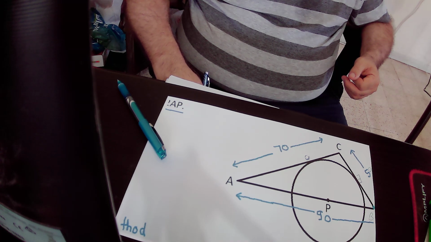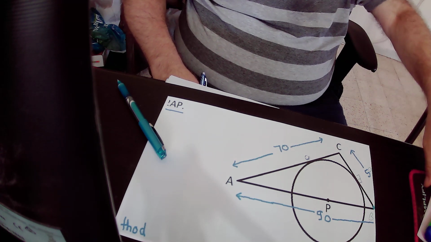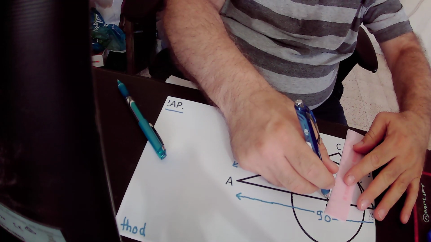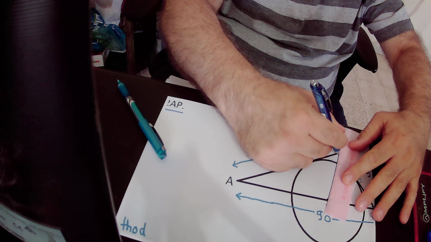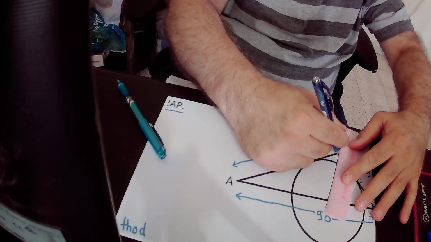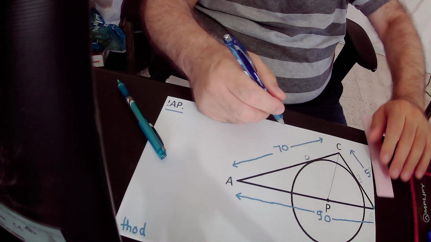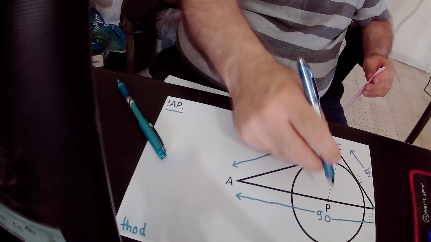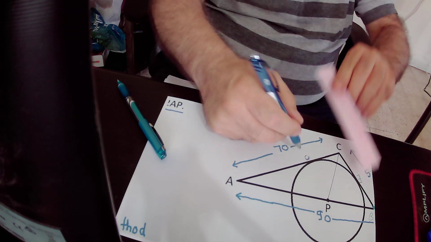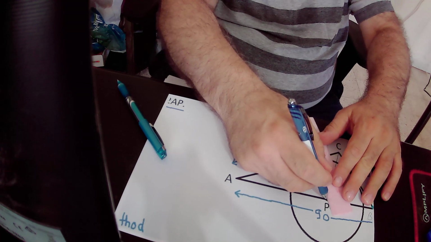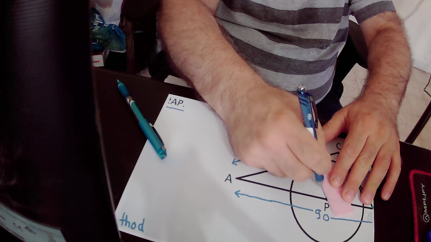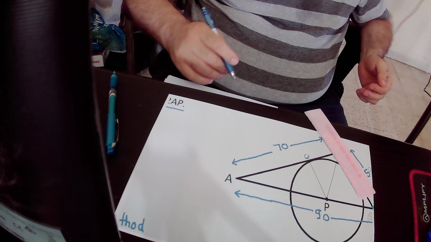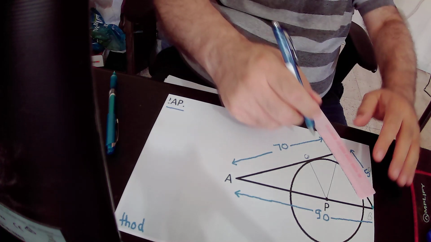And we will connect points C and P together. P is the center of the circle. We also will connect points O and P together. So OP is also the radius of the circle.